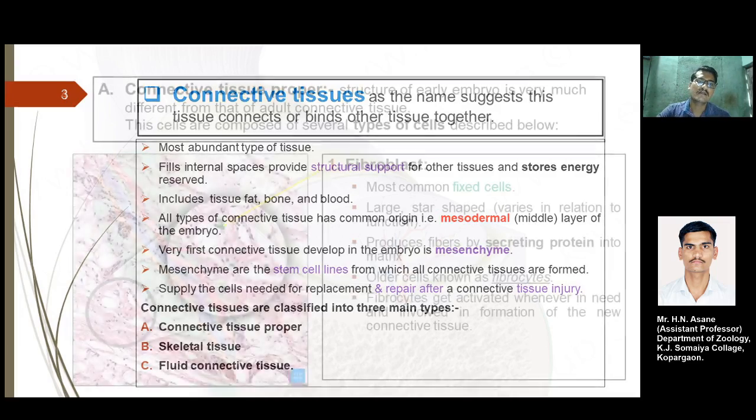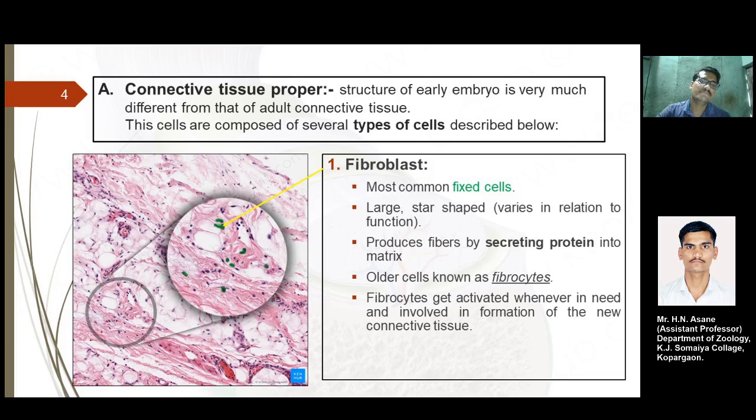Before the elaboration of connective tissue proper, there are some cells which have a role in the connective tissues. That means we are going to elaborate first the cells of the connective tissues.